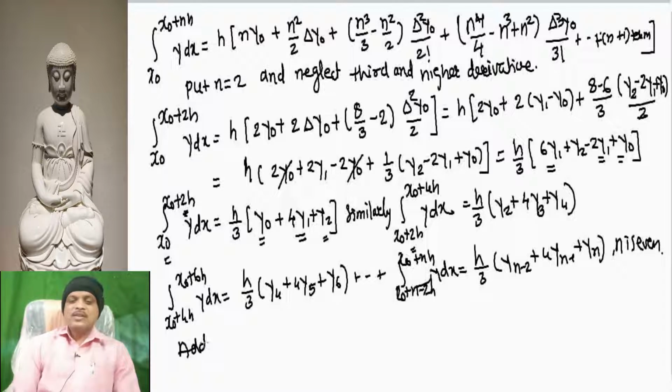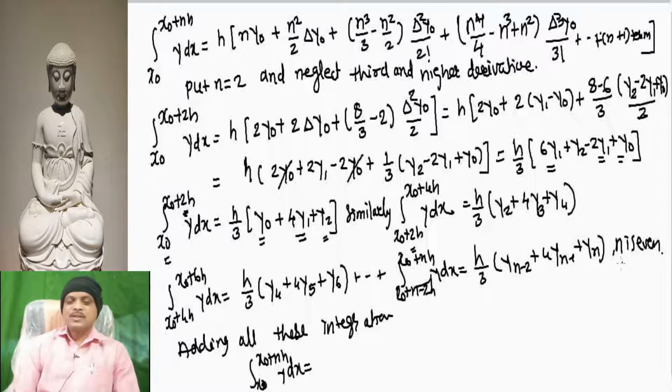Then, adding all these integrations, the integral from x0 to x0 plus nh of y dx, where we have considered n as even, has h by 3 common everywhere. The first term is y0 plus 4y1 plus y2.